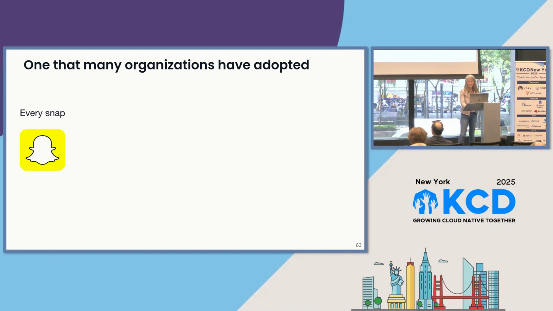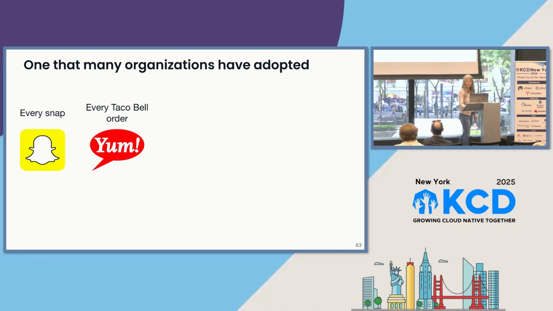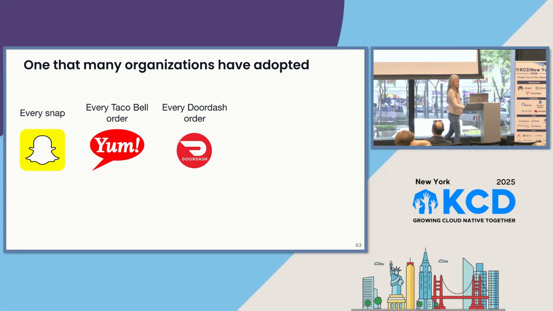But Temporal, who uses Snapchat? Okay, there's a few people. I was going to say, maybe this crowd is a little bit more mature than that, but every snap goes through Temporal. Have you ordered Taco Bell online recently? You've used Temporal.